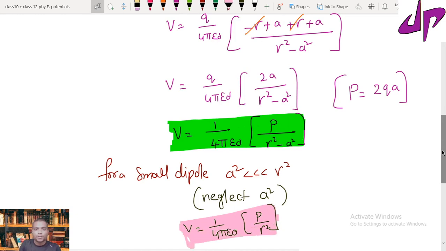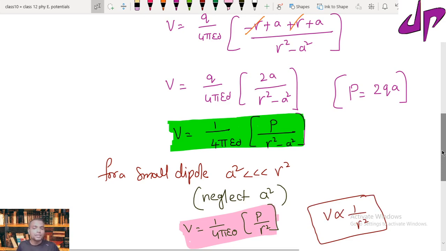If you clearly notice, this expression shows potential is inversely proportional to R square. For a dipole, the potential value is decreasing as 1 over R square.